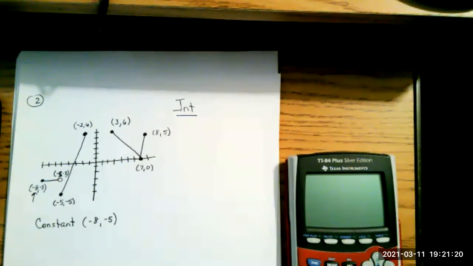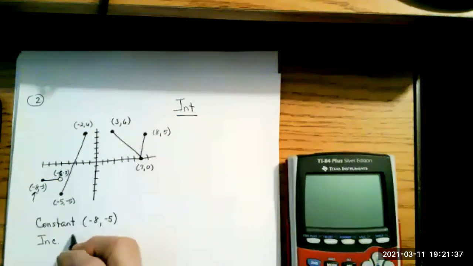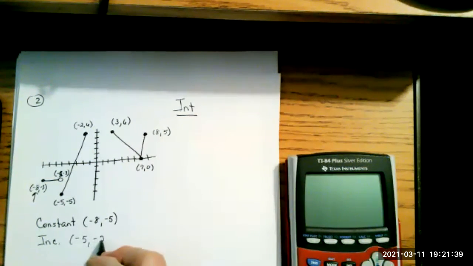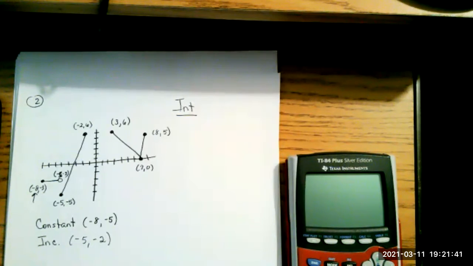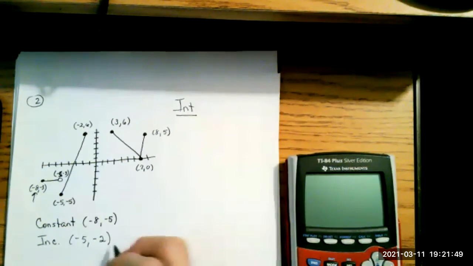Okay, let me pick somebody else. Who else is brave? How about increasing? Who can tell me what is increasing? -5 to -2. Is that the only place that it's increasing? 7 to 8. Yep.